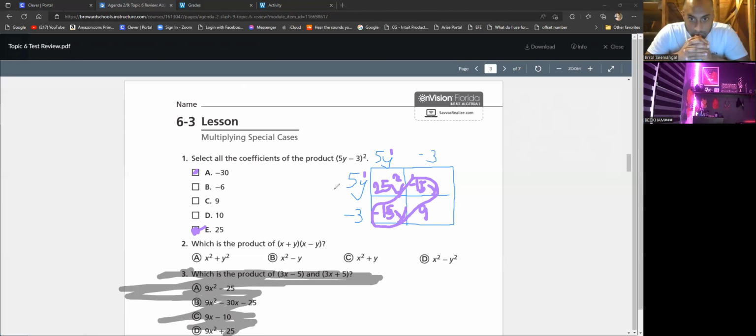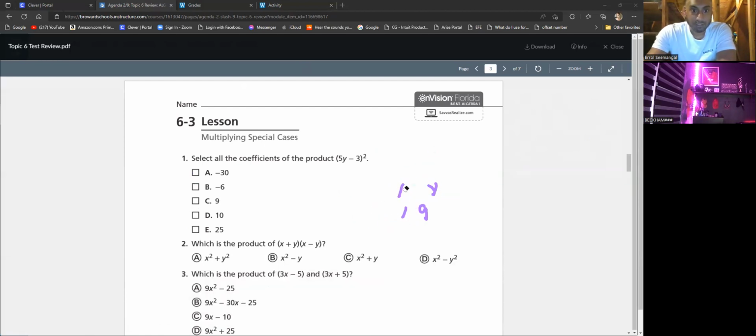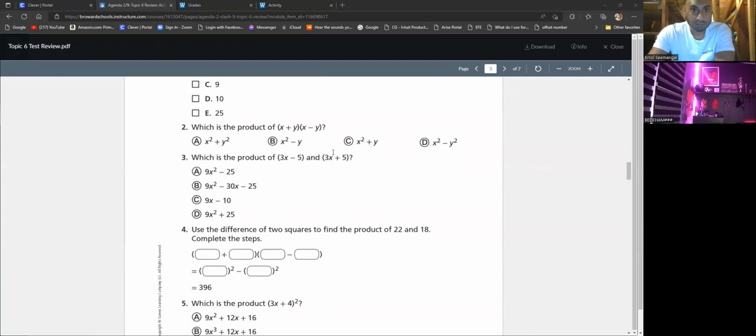And then you have 25 right here, so it's negative 5... it's real easy when you write the right things. You wrote the wrong thing a couple of times, so make sure that doesn't happen tomorrow. You understand the material, you just gotta pay attention to the small details. Which is the product of that times that?